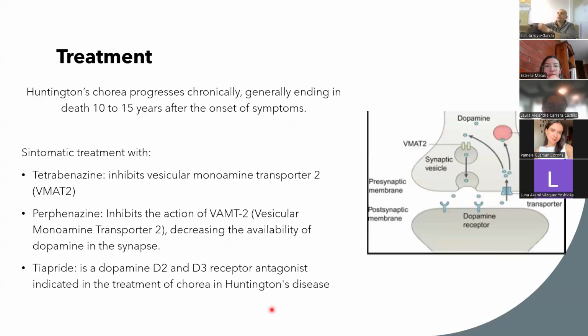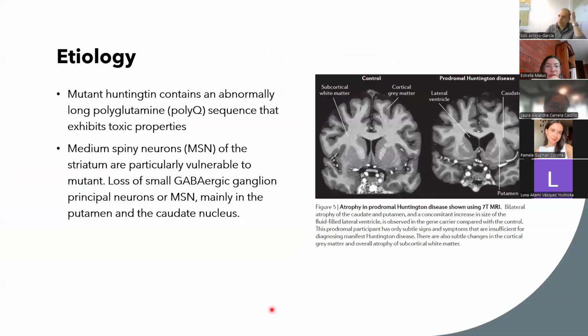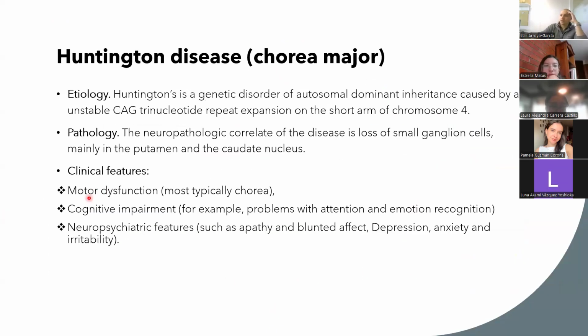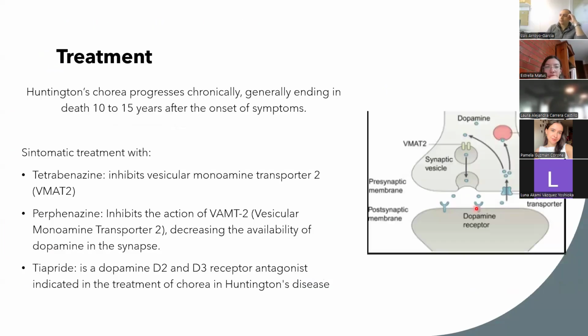So something that I want you to really understand here is that we have the pathology, that is the loss of small ganglion cells in the putamen and the caudate nuclei, and then we can treat this with the vesicular monoamine transporter 2 inhibitors, like tetrabenazine or the other ones, or by antagonizing the dopamine receptors in this part.